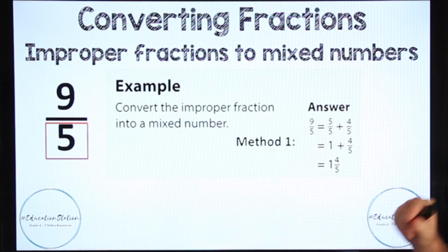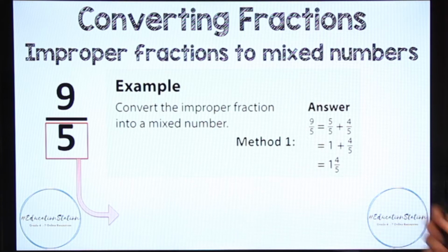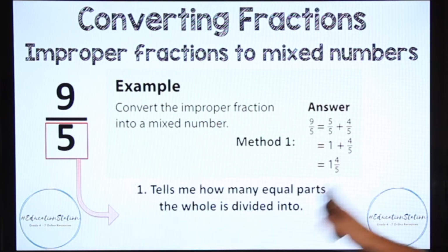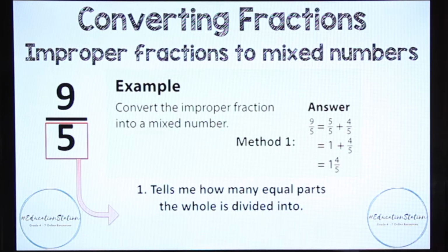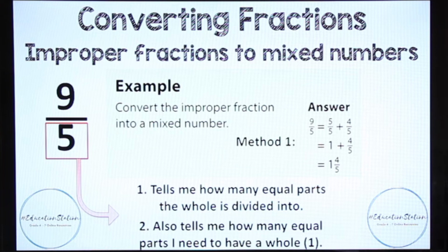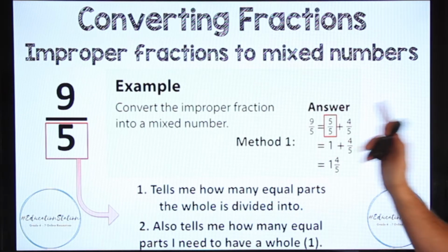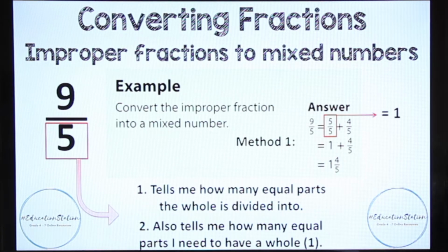In this case, I'm working with fifths, and then the next logical question would be, what does the fifth tell me? We know that the denominator tells me how many equal parts the whole is divided into, but it also tells me how many equal parts I need to make a whole. So in this case, I need 5/5 to make one whole.